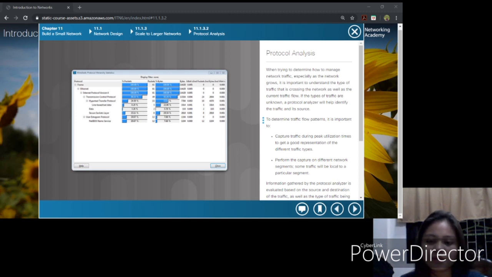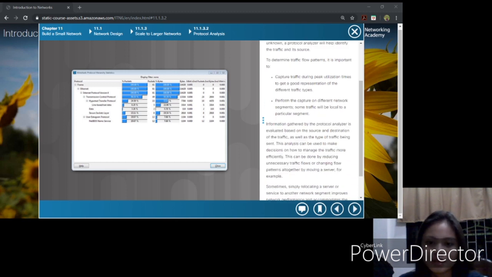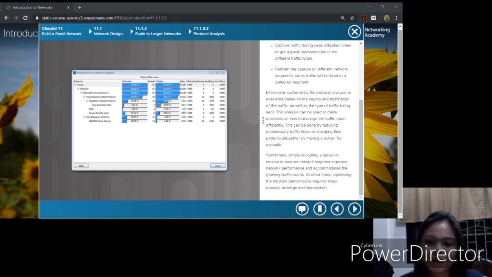Perform the capture on different network segments and local to a particular segment. The information gathered by the protocol analyzer is used to decide how to manage the traffic, as well as the type of traffic being sent. This can be done by reducing redundancy and unnecessary traffic flow, so the network accommodates the growth needs at other times.